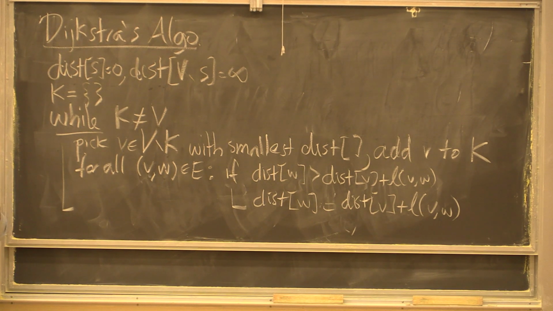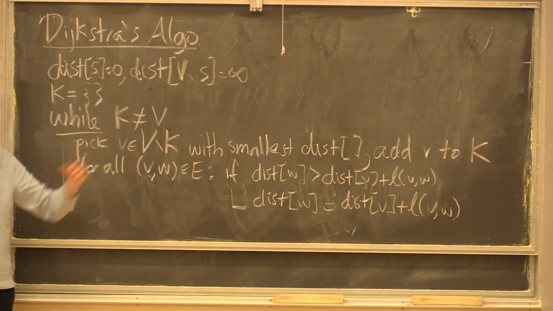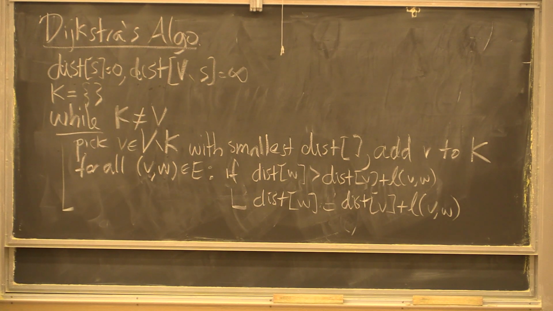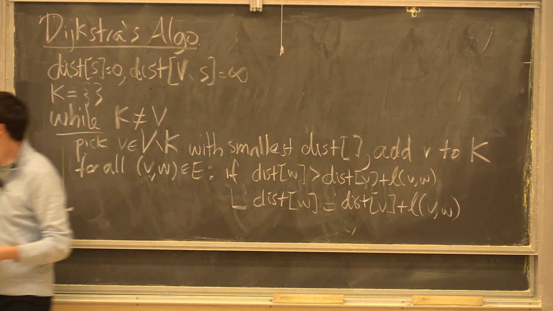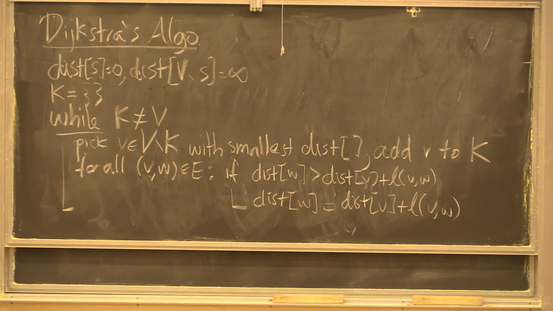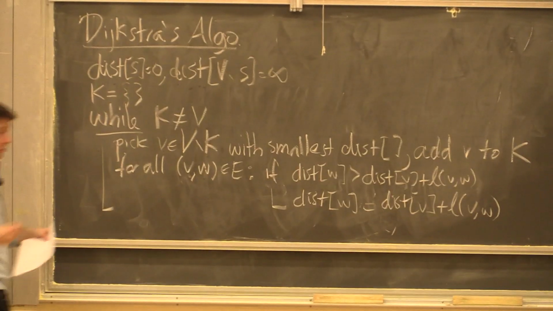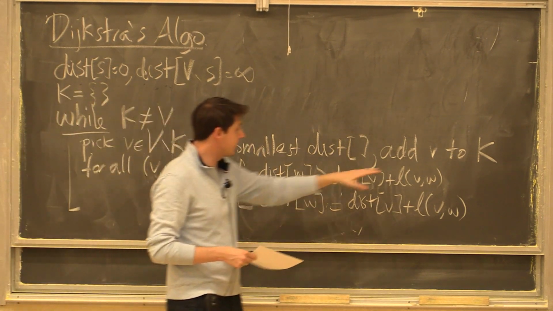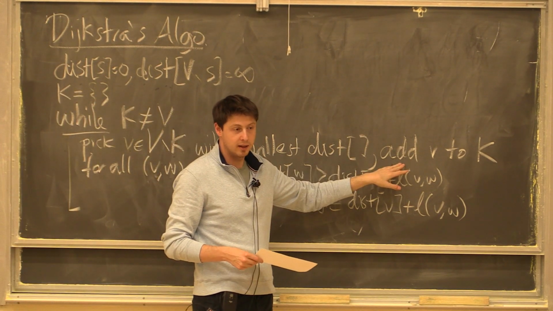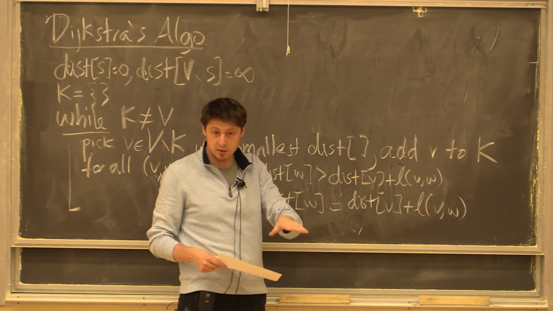And so the things that have a finite dist value are either already inside K or a one-edge extension. So this line is basically saying, look at all of these one-edge extensions and pick the smallest one. Once we've picked it, the reasoning that we made tells us that it's safe to add it to K. And at this point, dist V is correct.